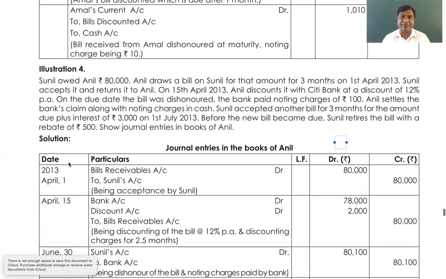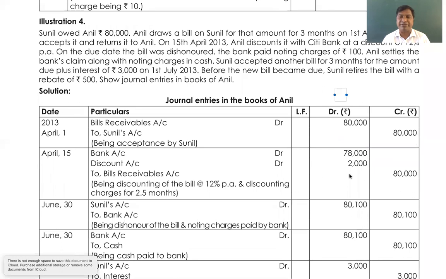Listen, Citibank discounted the bill at 12% per annum. So 12% on 80,000. Now let me first show you the journal entry.